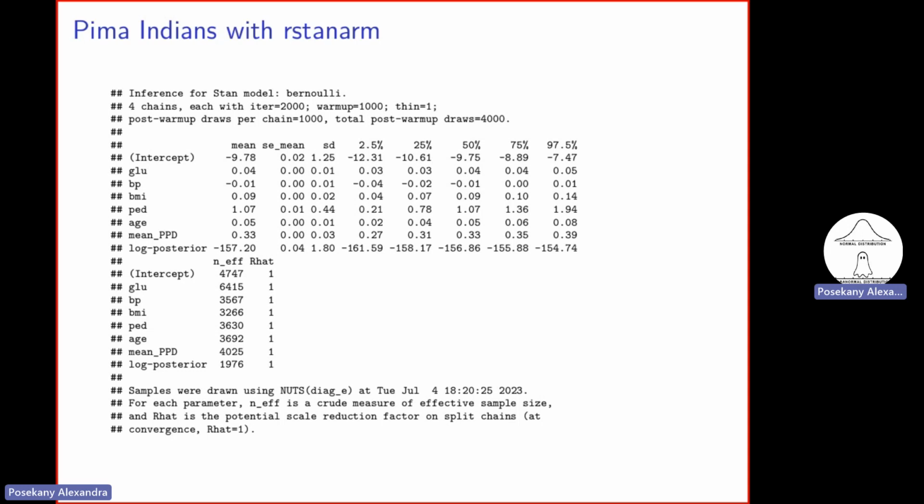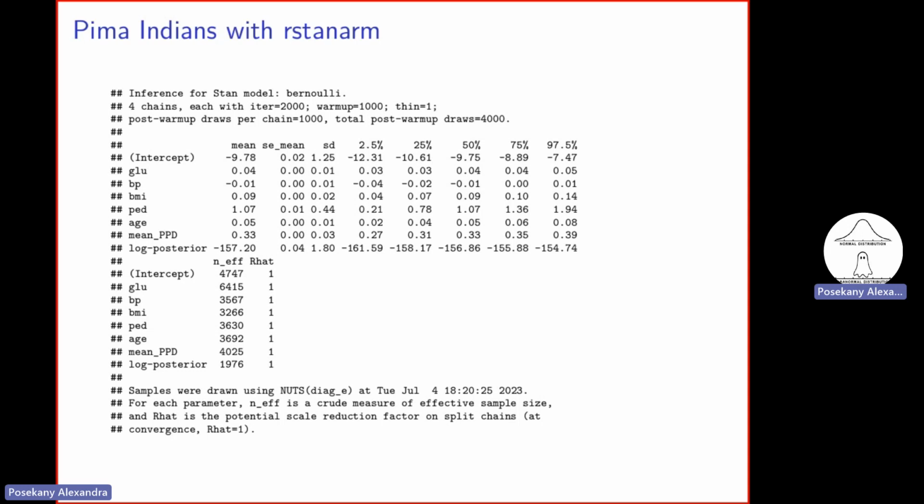Effective sample size basically looks at, okay, how many of these are really different and are not too much dependent from the previous value to the next value, so that they are really effectively IID, independent and identically distributed. Independence is the crucial thing here.